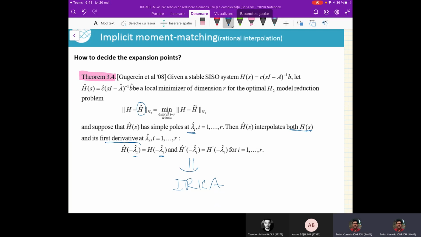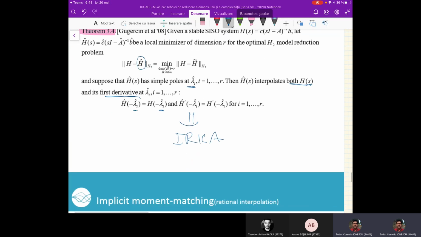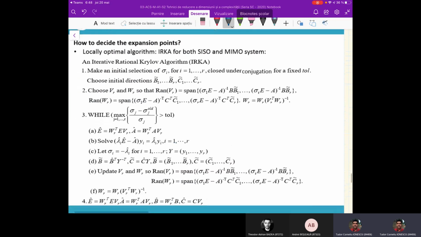These are poles you do not know. However, you can build an iterative algorithm, like I showed you earlier, based on this notion. This iterative algorithm is IRKA. There is a paper you have for the exam, but all of you can read this paper exactly on this subject: how to decide expansion points locally.